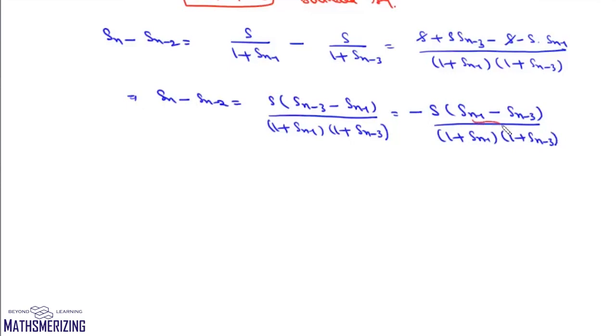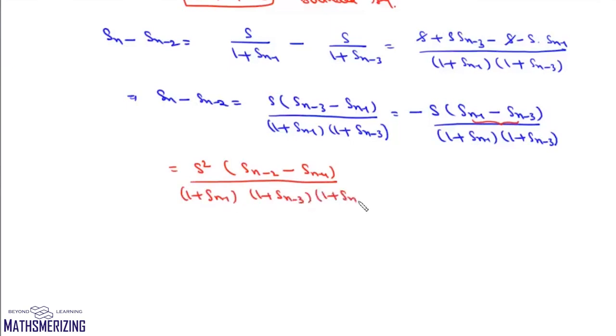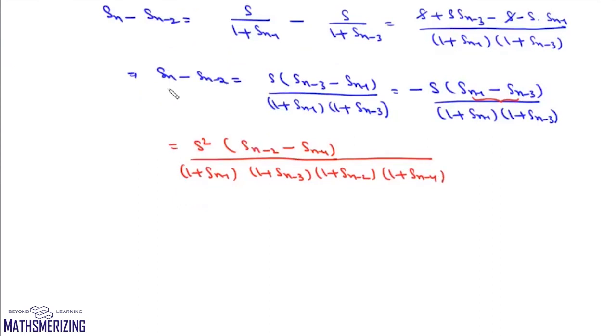Now we simplify S_{n-1} minus S_{n-3}, we'll get s squared into S_{n-2} minus S_{n-4} upon 1 plus S_{n-1}, 1 plus S_{n-3}, 1 plus S_{n-2} into 1 plus S_{n-4}.